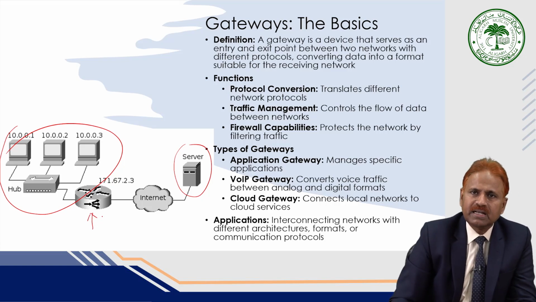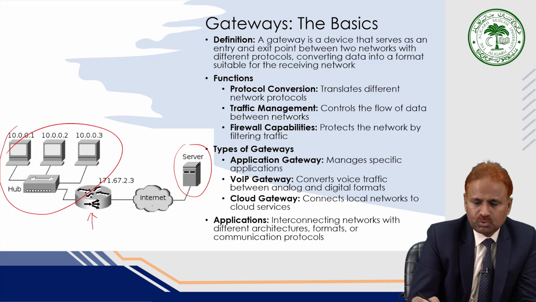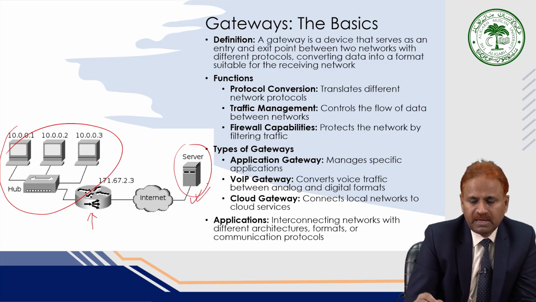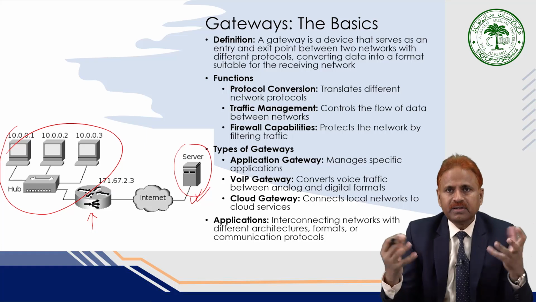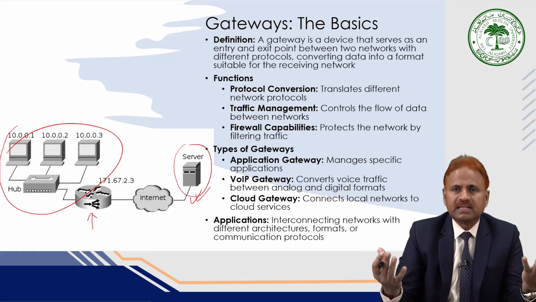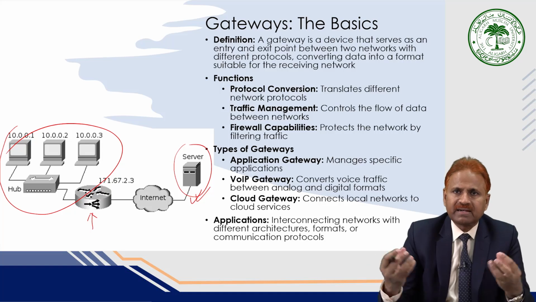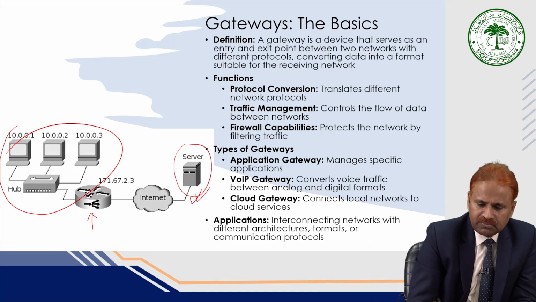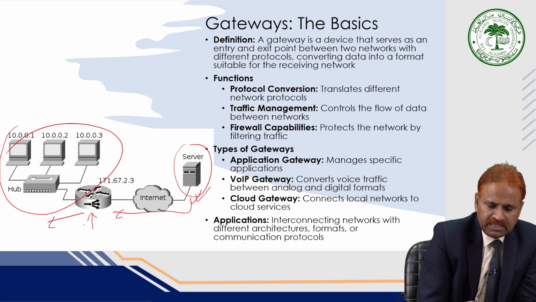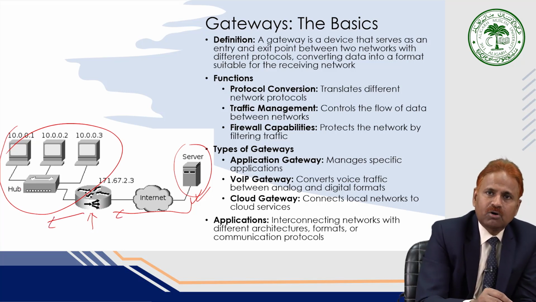So a gateway is there, and this gateway will translate the packet in such a way that it could be understood by the computers of this network, because they are using different protocols. They have different meanings of the packet length and everything. So whenever a packet is transmitted from this to this network, it is translated by the gateway so that it follows the protocol of this network.